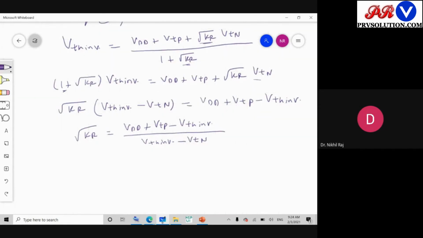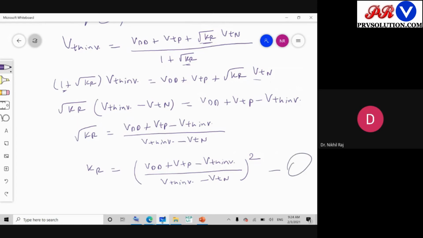So what is this KR now? KR is nothing but VDD plus VTP minus VTH of INV, divided by VTH of INV minus VT of N, whole square.